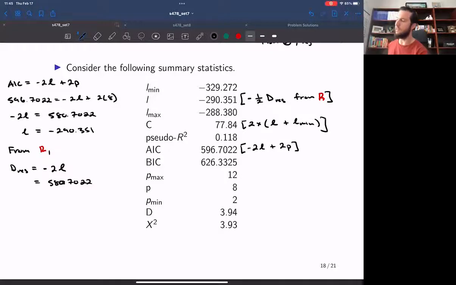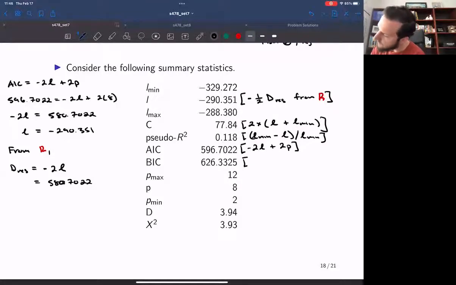So you can easily verify that by taking the difference between L and L min and then multiplying by 2. The pseudo R squared is also found in the same way. That's the ratio of L min minus L divided by L min. So again, easy to confirm that value. And then we talked about AIC.